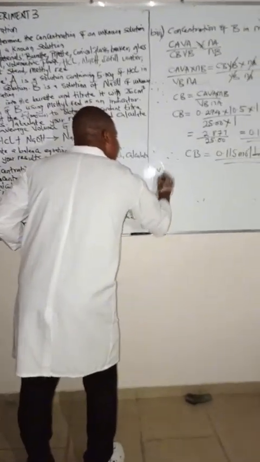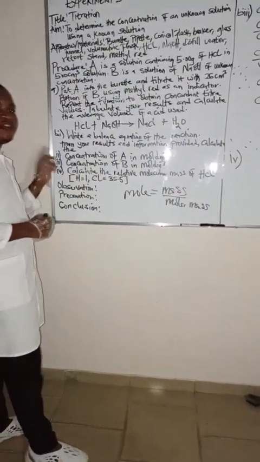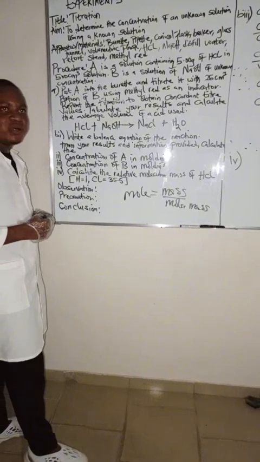Are you following? Yes. Now the next thing you are asked to calculate is IV: the relative molecular mass of HCl, the acid. This one is very simple.